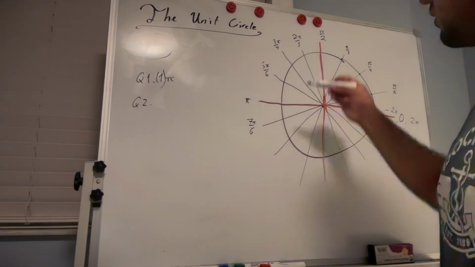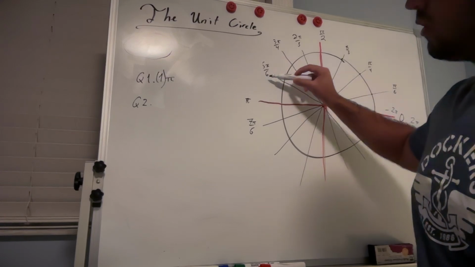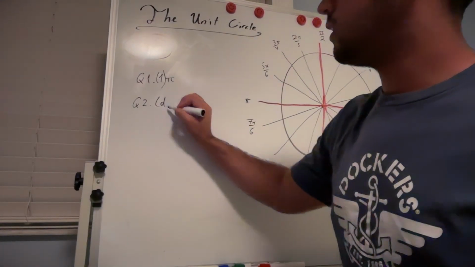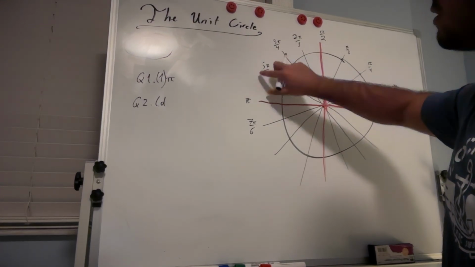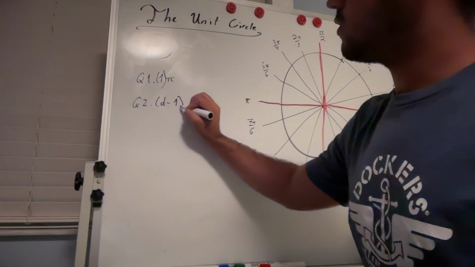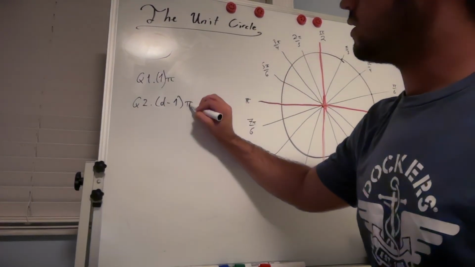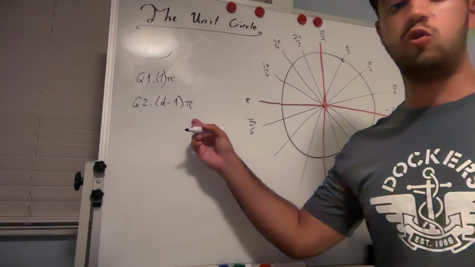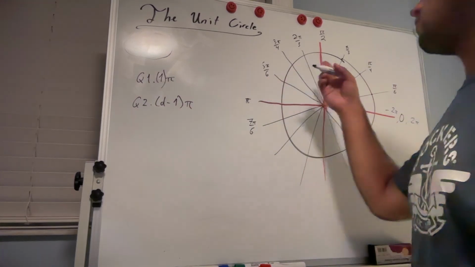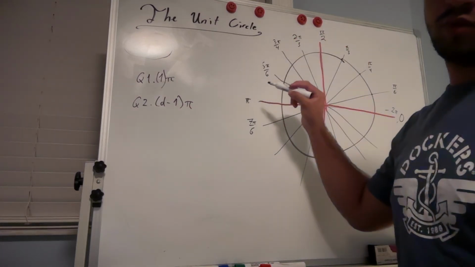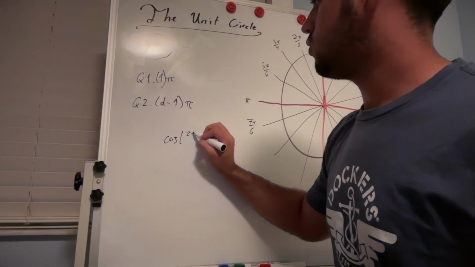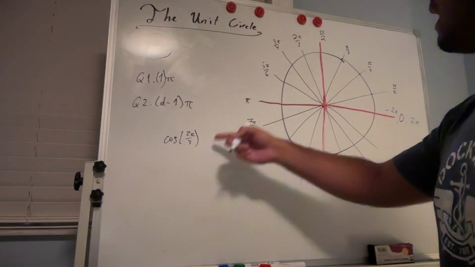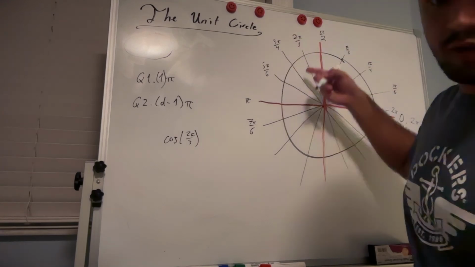Now if you notice a trend, you take the denominator, which I'll represent as d, and then minus 1 from the denominator, so 6 minus 1 is 5, and then multiply it by pi. And that's how you get your numerator for any angle in quadrant 2. So if I were given cosine of 2 pi over 3, I know that that means the cosine is in quadrant 2.